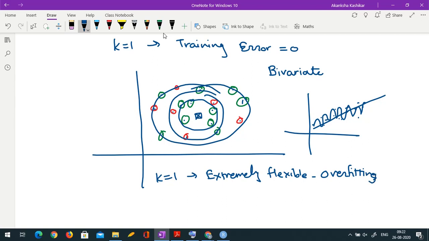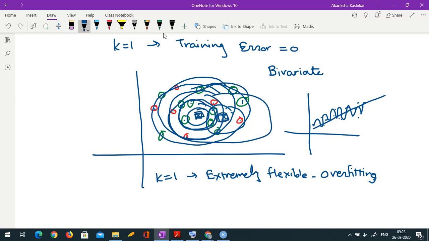So see, I have one observation here. Suppose I have another observation here. If I have a small k, then the points on which the final conclusion is based, the prediction is based, are mostly different. But if I take a large k, so for example, this becomes the neighborhood of interest for this, and for this becomes the neighborhood of interest, then most of the points are common for both these points.